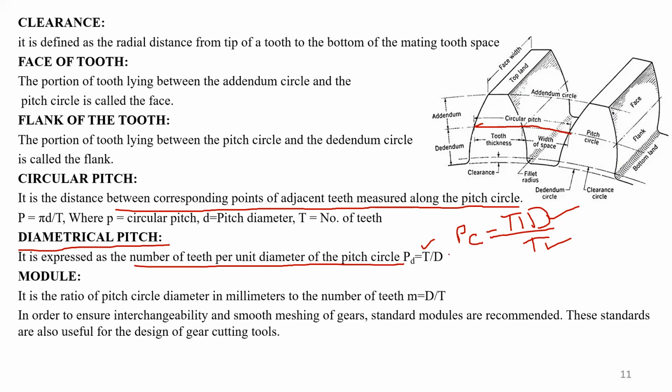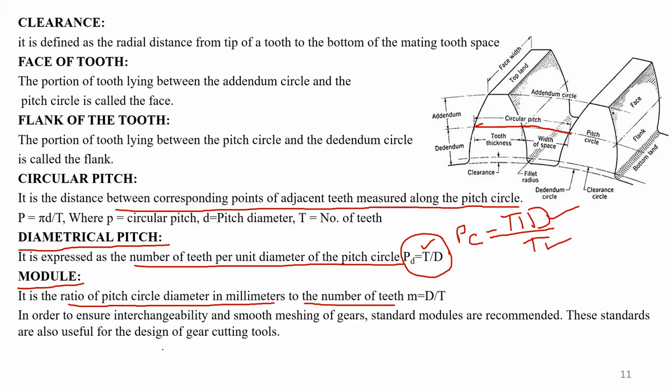So this is opposite to the module. What is module? Module is the length of pitch circle diameter per tooth, or it is the ratio of pitch circle diameter to the number of teeth.